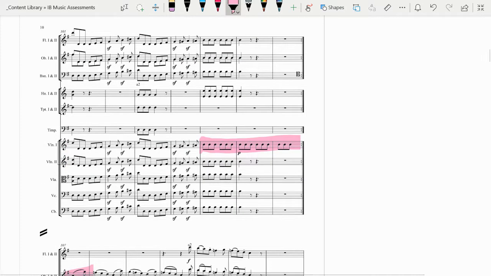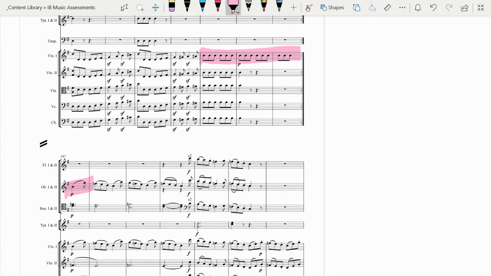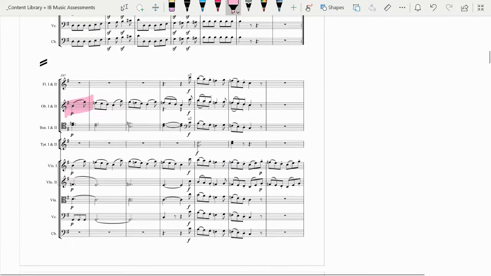Okay, so this expansion of these eighth notes in 6/8 leads you back to the exposition or leads you kind of deceptively into the development section, which starts at 107 in C major.